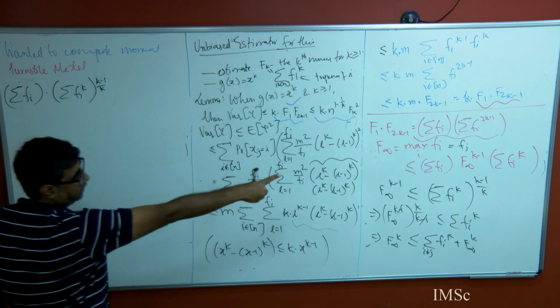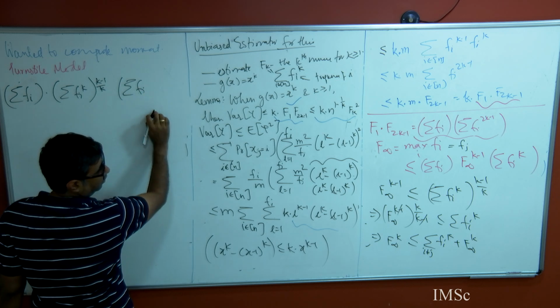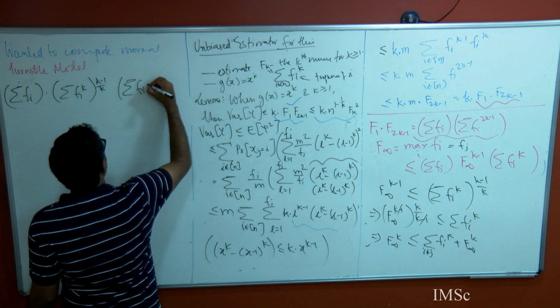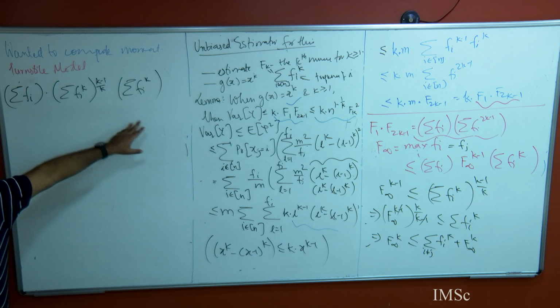And then we had summation f_i to the power k. So of course we can add this up, no? So what are we going to get from here? Okay, but let's not add them up yet. Okay, this is what it is.